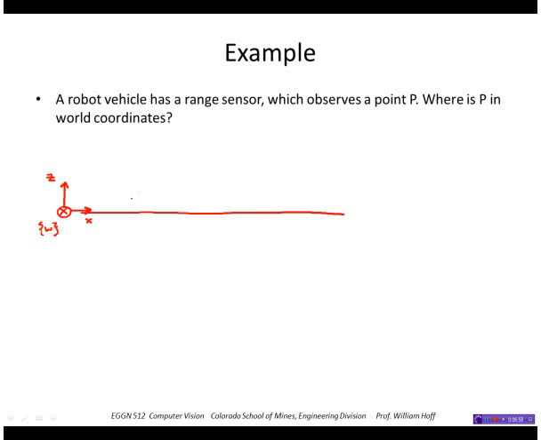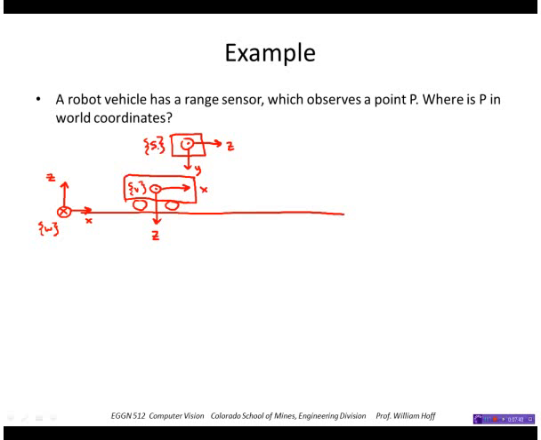And the vehicle is sitting here, and its x-axis points forward, its z-axis points down, and of course the y-axis would point toward us. And then we've got a sensor up here whose z-axis points forward, y-axis points down, and the x of course would point toward us. And we'll call that S.